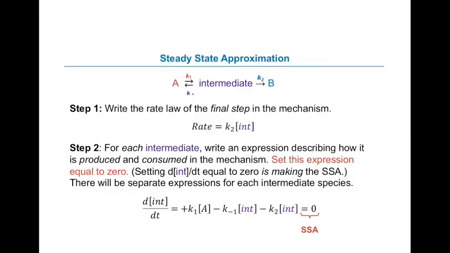If you take any system that has 2 steps, for example, the simple one, A is in equilibrium with an intermediate. That intermediate goes on to product. How many elementary steps are drawn out here? There are 3 individual steps.